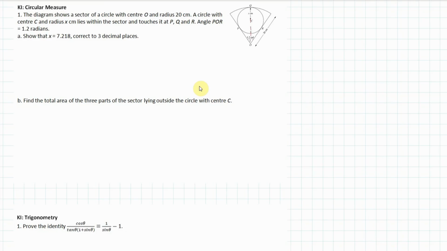Make a triangle out of it, I think. So I'm going to go sine 0.6 equals x over OC.